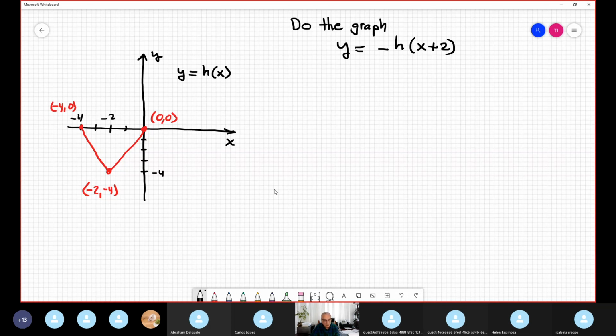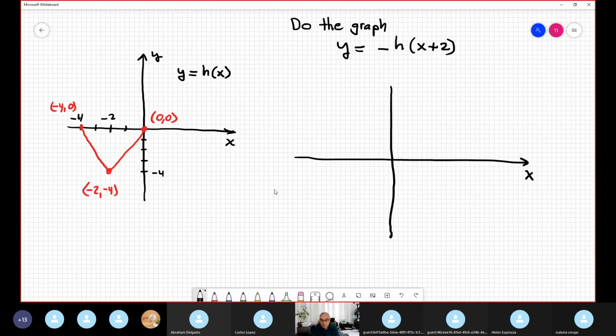You are doing something here in order to find the graph of this. Okay, this is my goal, do the graph of this. And you see two transformations. The first transformation is, in my opinion, this.